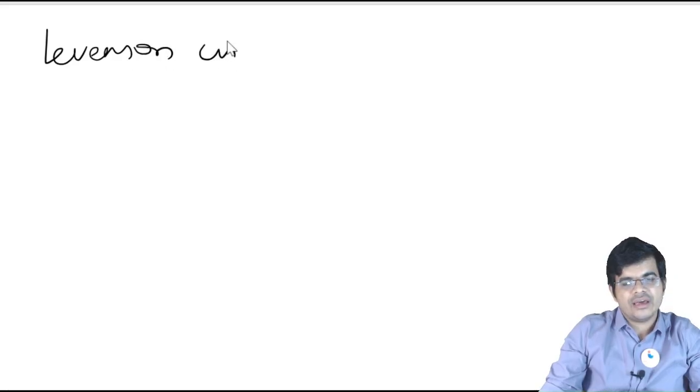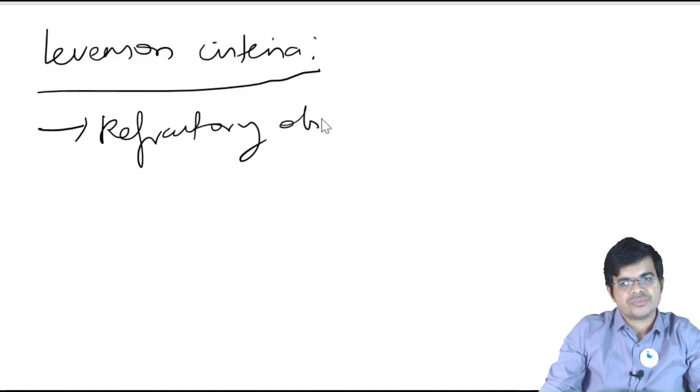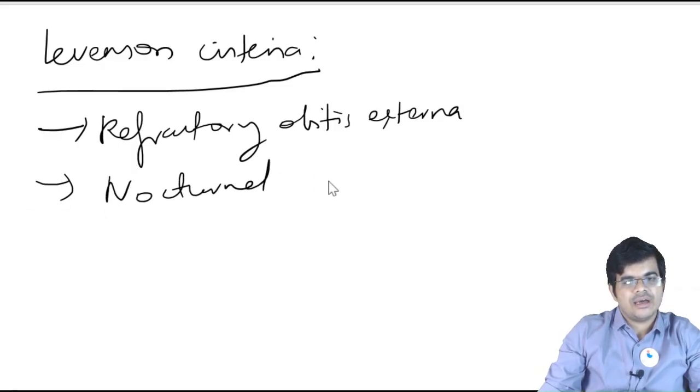Levinson's criteria is used for diagnosis of malignant otitis externa, and it includes refractory otitis externa. Whatever you are doing, the otitis externa is not subsiding. That is one thing. And there is severe nocturnal otalgia.